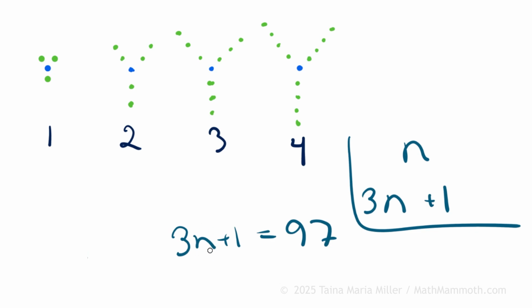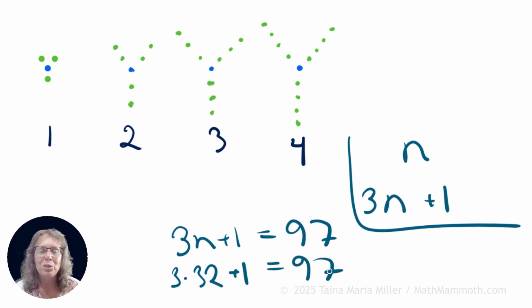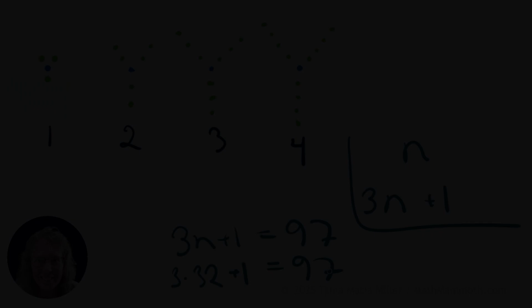Let's say this 30. 3 times 30 is 90. That doesn't quite make it, right? If it is 31, we get 93 plus 1. If it is 32, that works, right? 3 times 32 plus 1 equals 97. So in step 32, we would have 97 dots.